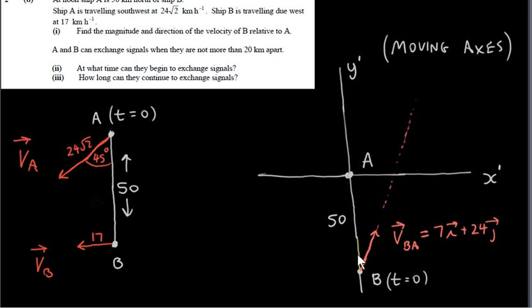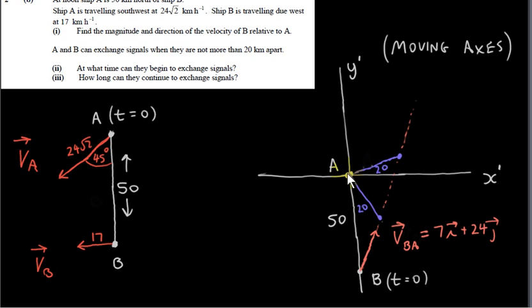So initially they are 50 kilometers apart. So B appears to move along this trajectory as seen from A. So at some time B is going to be 20 kilometers from A. So this distance here is going to be 20. And that will happen at a second time. So at some other time B will also be 20 kilometers from A at a second time.